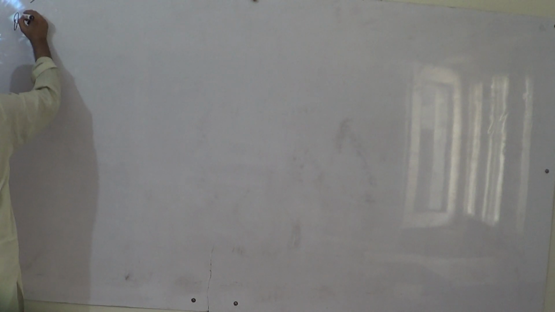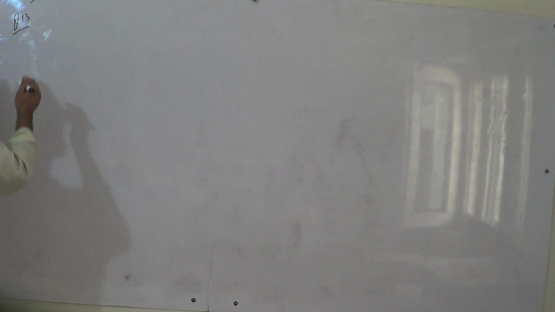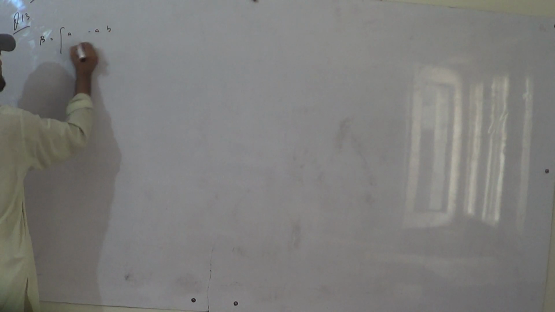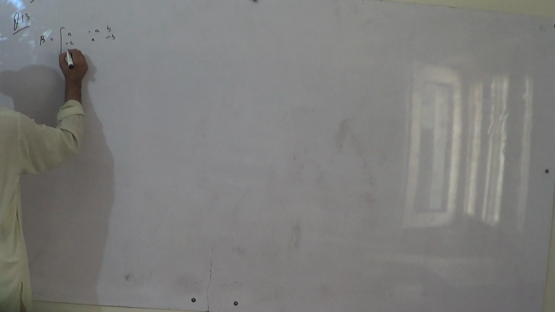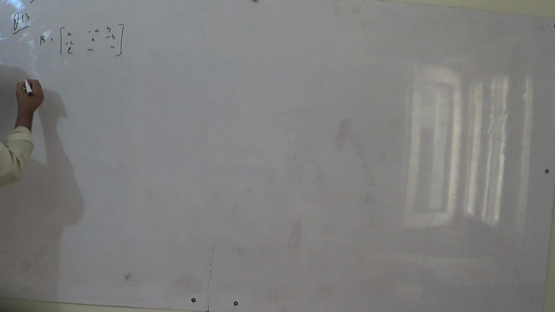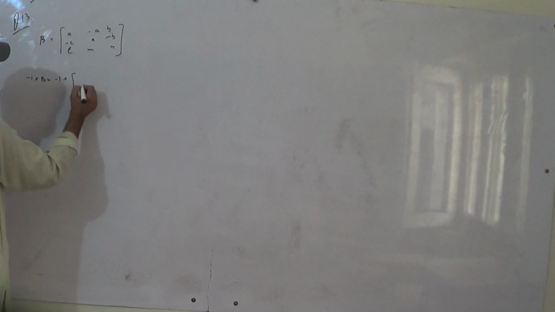Exercise 1.3, question number 13. Find the additive inverse of the following: A, B, A minus C, B minus C, A minus B, L, M and N. For the additive inverse, multiply both sides by minus 1.